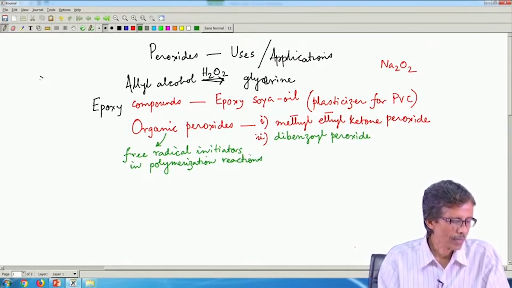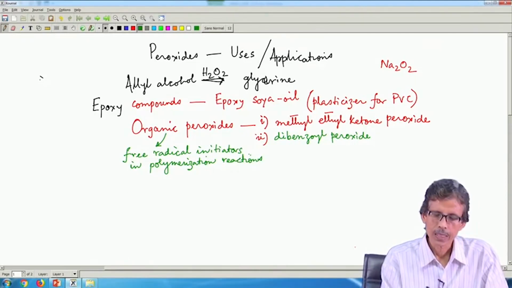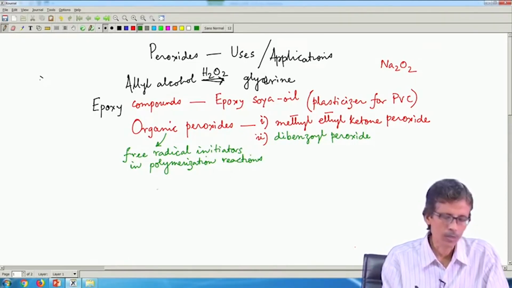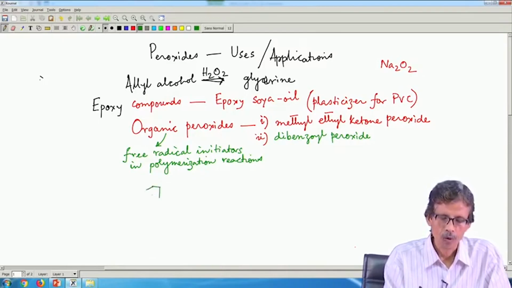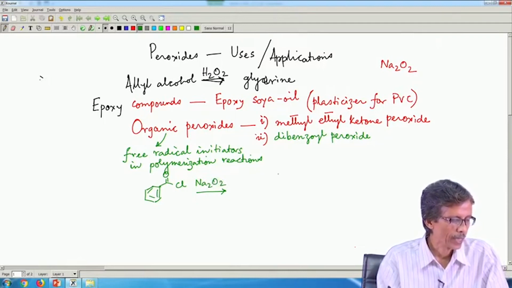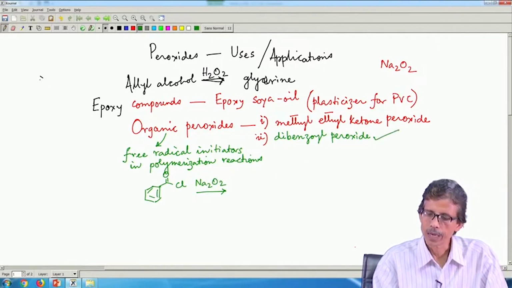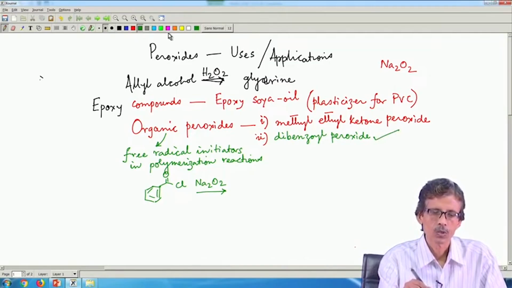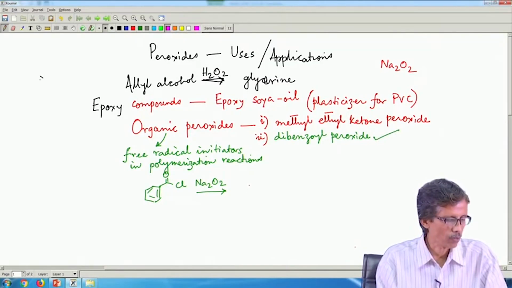In these cases, if we carry out the reaction on benzoyl chloride, this benzoyl chloride when reacted with sodium peroxide, Na2O2, gives us dibenzoyl peroxide. This dibenzoyl peroxide formation is also very useful.